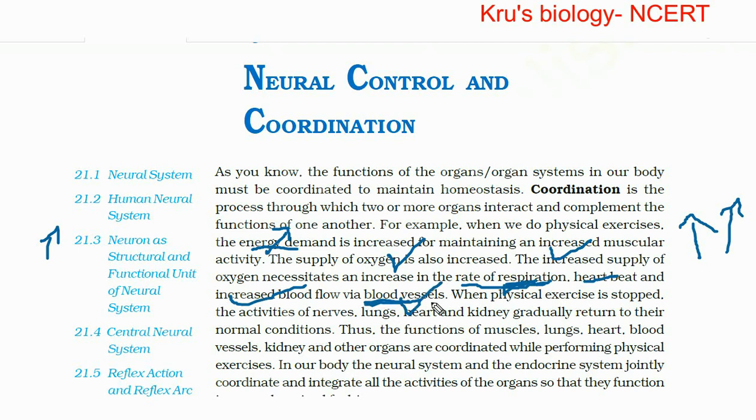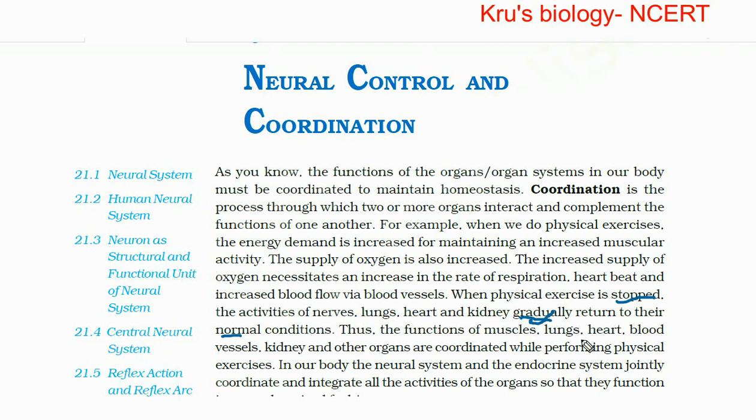These are the coordinated functions of each other. When the exercise is stopped, all the activities in nerves, lungs, heart and kidney gradually return to their normal conditions, not suddenly, but gradually.